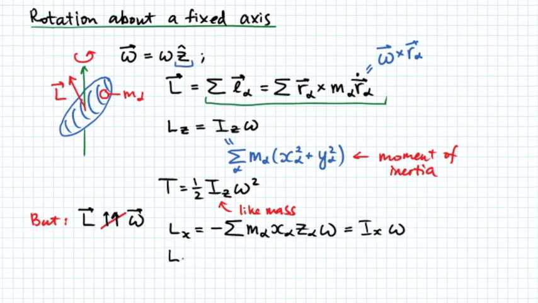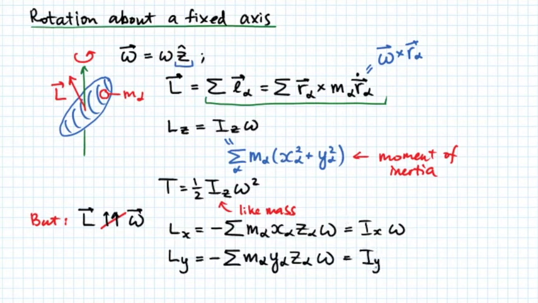Similarly, just from the definition of the cross product, we'll find that L sub y, the total momentum, will be given by minus sum m alpha y alpha z alpha times omega, or I sub y omega. And of course, there is no particular reason in general for either I sub x or I sub y to be equal to 0.